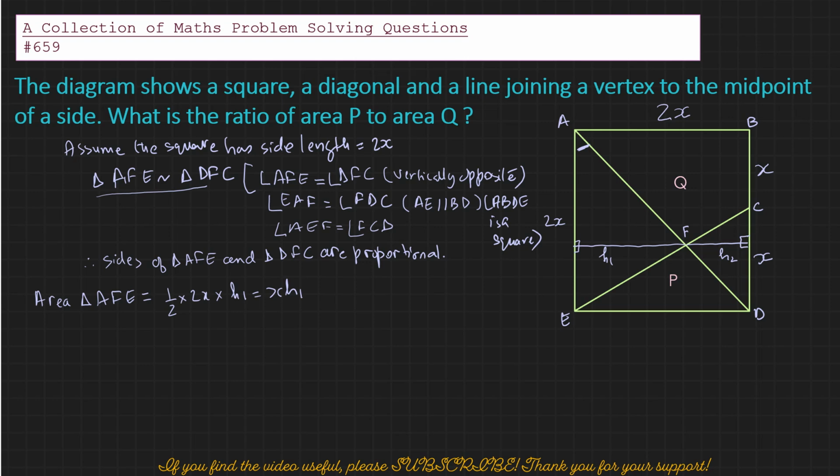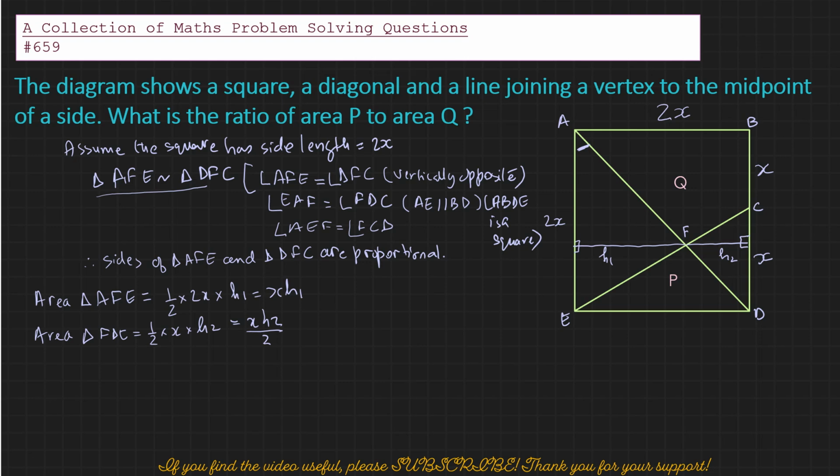The area of triangle FDC equals half times x times h2, and that is x h2 divided by 2.